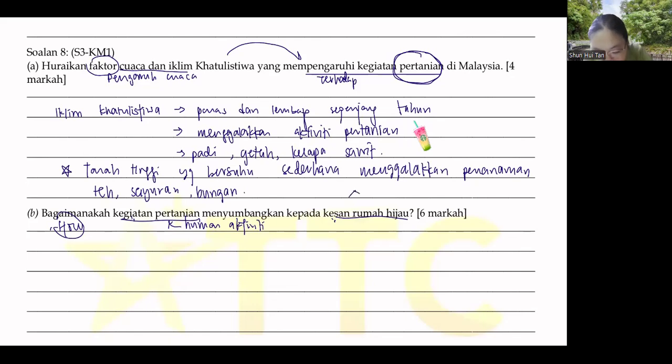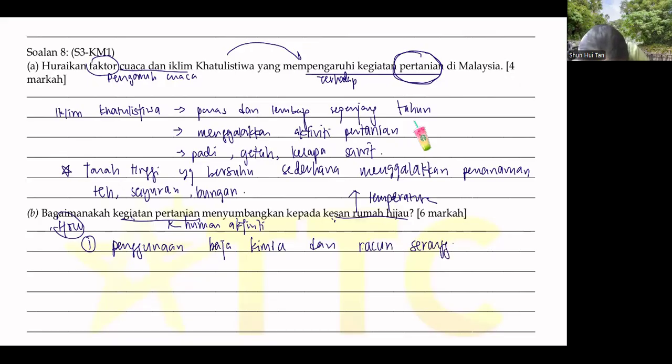What does pertanian do with kesan rumah hijau? Kesan rumah hijau is temperature increase. Right? Temperature increase. Now, you can talk about it. This one is related to Form 1. You learned it in Form 1. What we have done in pertanian. We use a lot of penggunaan baja kimia dan racun serangga.